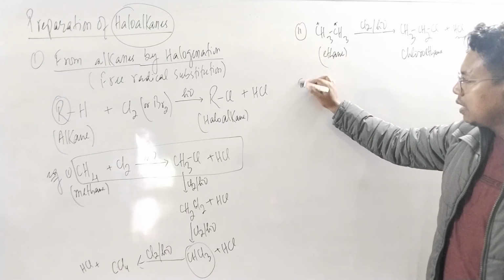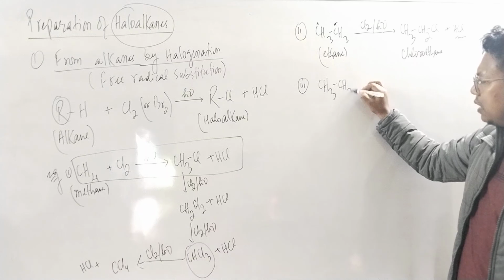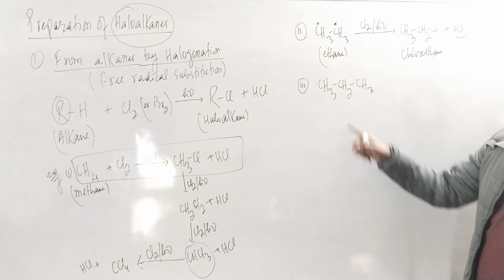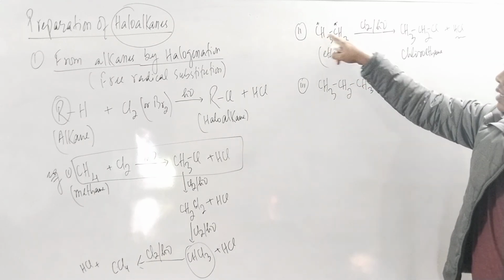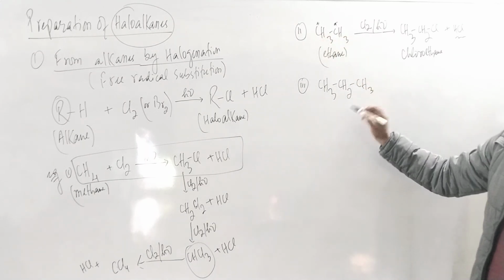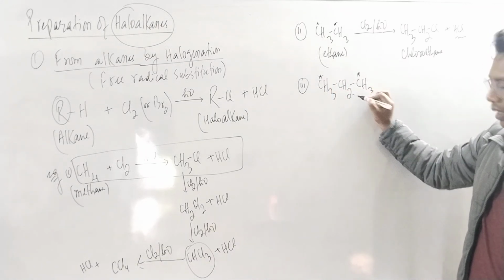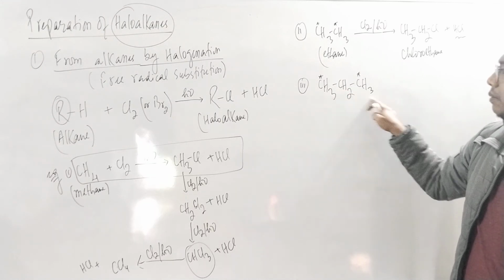For example, I am taking this alkane now, CH3, CH2, CH3. This is propane, and all the three carbon atoms are not same here. Here these two carbon atoms are exactly same, but here this carbon atom and this carbon atom are same, but this is a different carbon atom. These two are primary carbon atoms.